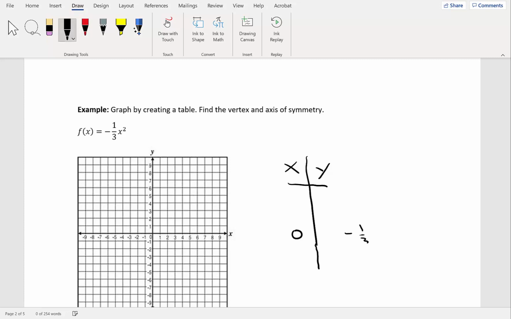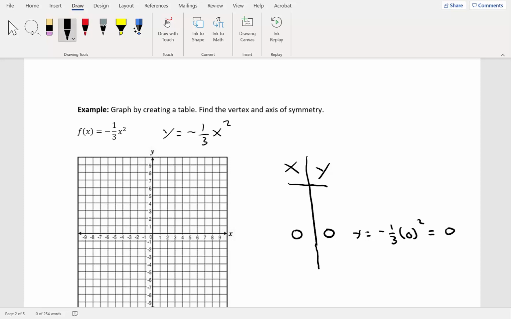So now I have negative 1/3. Remember, f of x is just the same thing as y. So this function is really y equal to negative 1/3 x squared. I'm plugging in 0 for my x. I end up with y equal to negative 1/3 times 0 squared, which gives me negative 1/3 times 0, which is just 0.